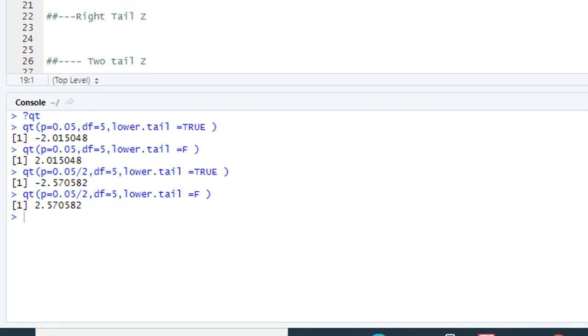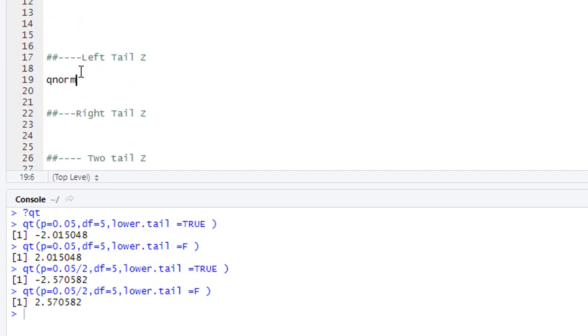For the left tail Z test, what you have to do is use the qnorm function. What are the arguments of the qnorm function? p, mean and standard deviation, which are by default 0 and 1 for the standard normal distribution. lower.tail equals TRUE will give us a left tail Z test value. Here p equals 0.05, lower.tail equals TRUE.